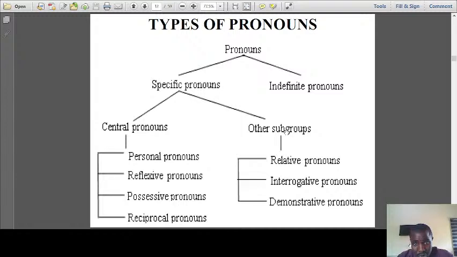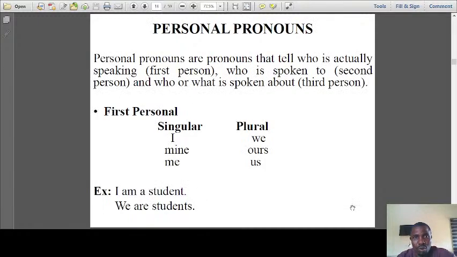But for us, just know that these are the types of pronouns: personal pronouns, reflexive pronouns, possessive pronouns, reciprocal pronouns, indefinite pronouns, relative pronouns, interrogative pronouns, and demonstrative pronouns. Each of these also has sub-classification. That is why we divide the class into two. After this class, mathematics will come in, and after mathematics, I will come and finish it up where we stop.